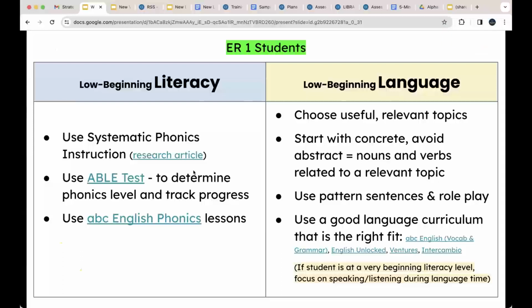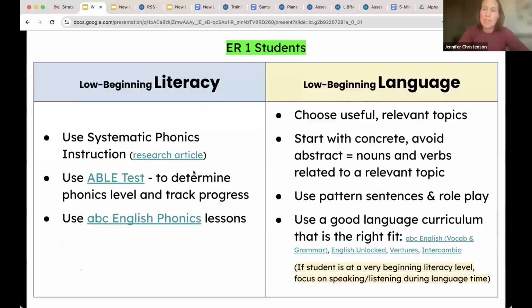And then another question, any suggestions for a multi-level class? If you have students at different levels. Yeah, so that 4th routine that I talked about where we had the volunteers and some small group stations, that kind of routine works pretty well for a mixed group. It does require having volunteers in the classroom to make those small stations work.